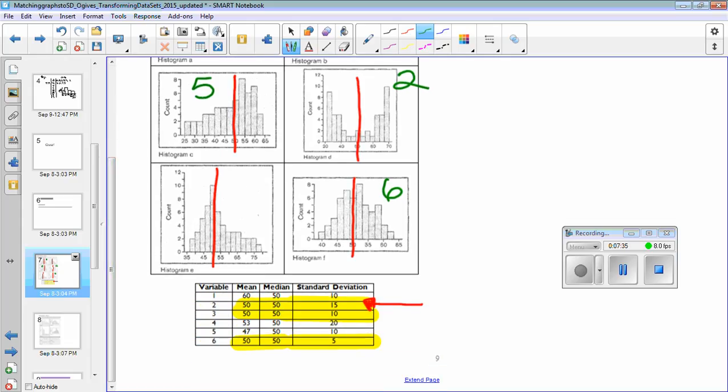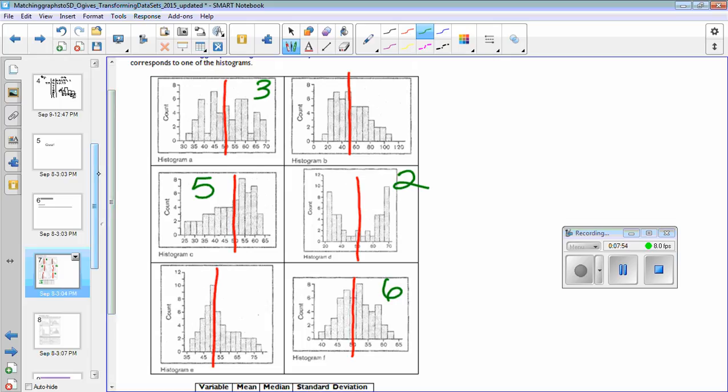Wouldn't you agree? If you look at 1 and 4, the mean is bigger in both cases. Okay? But look at their standard deviations. One has a much larger standard deviation than the other, which means if you look at the 2 remaining graphs, which one is more spread out?